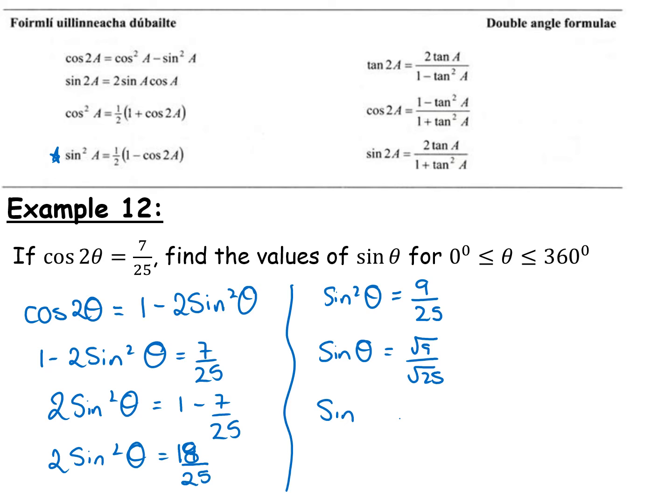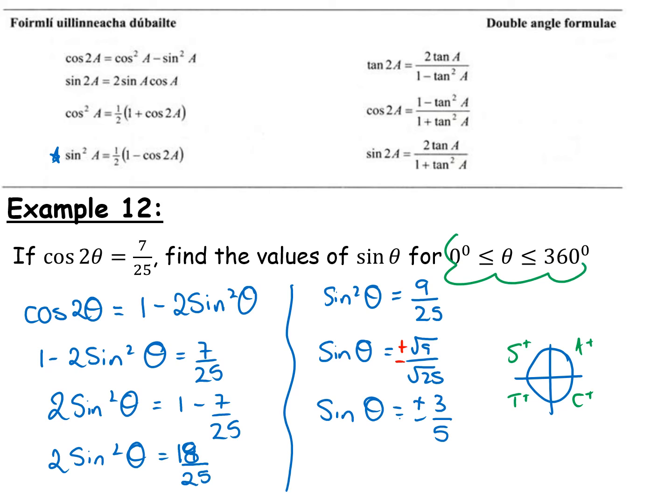But when we do the square root, you have to remember to put in a plus and a minus. So sine of theta is equal to plus or minus 3 over 5. Remember, with our unit circle, we have CAST: cos is positive, all are positive, sine is positive, and tan is positive. So sine can be both positive and negative between 0 and 360 degrees. So our final answer is plus or minus 3 over 5.